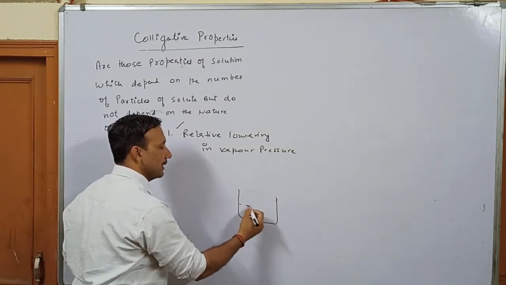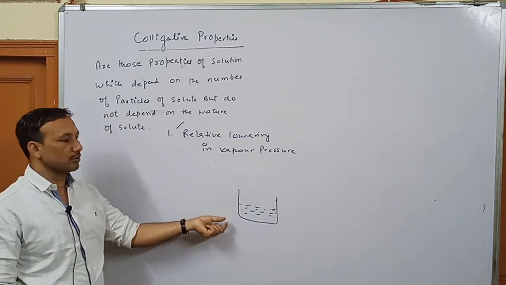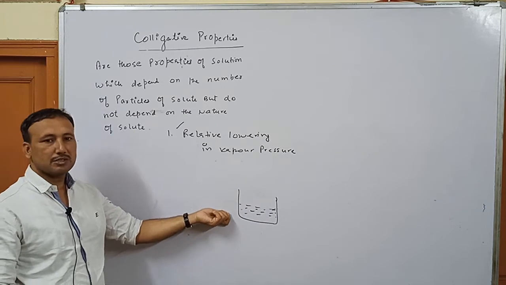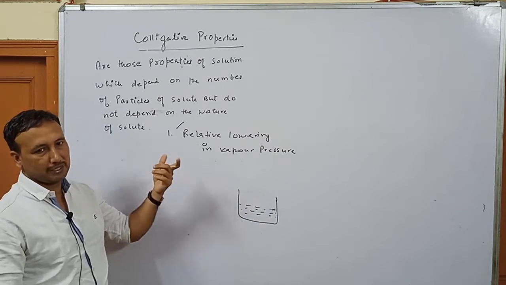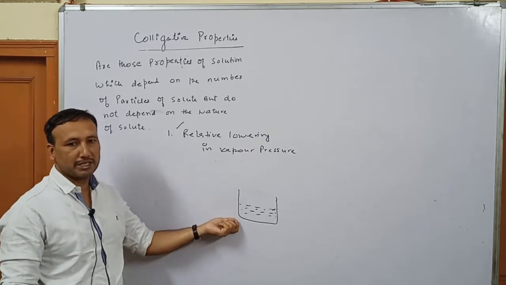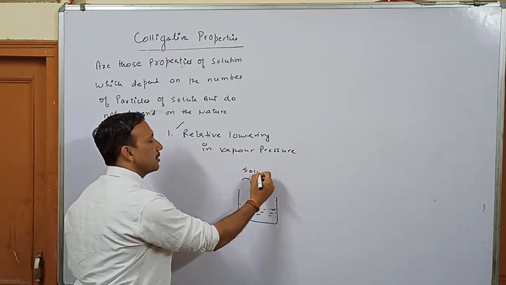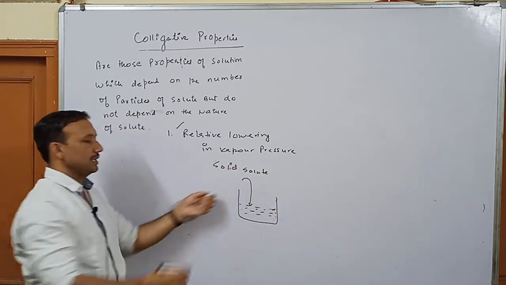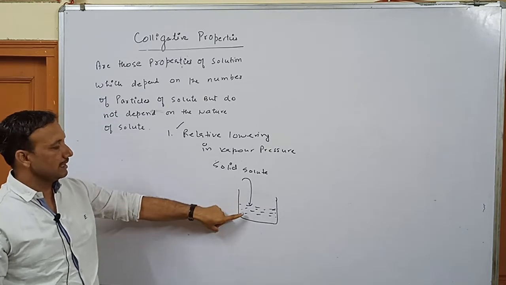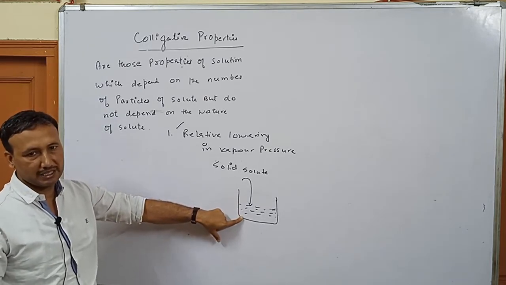Suppose you have any pure liquid at a particular constant temperature. First observe the vapor pressure of this pure liquid, and if some solid solute is added to it, then the vapor pressure of this solution will decrease.